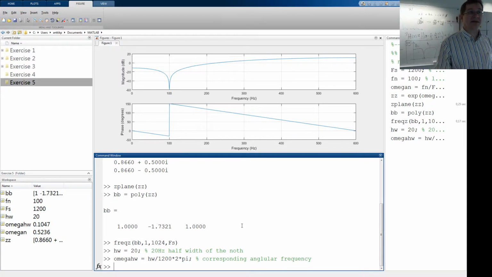And that's the same as the distance of the pole to the unit circle. Pole equals 1 minus omega hw times the exponential of something, but we already have it. It's on the same angle, so we just multiply it. It's basically just the distance that changes.